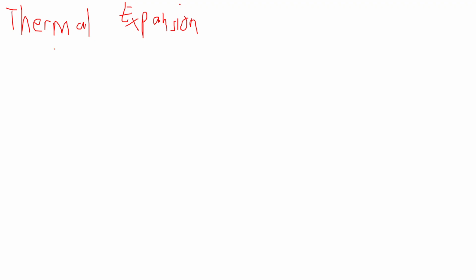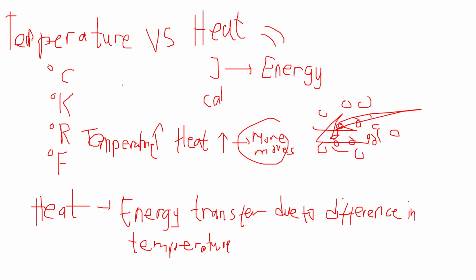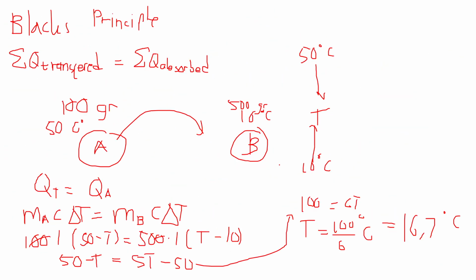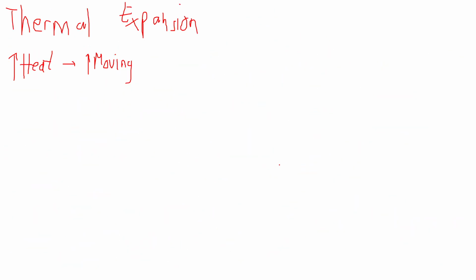Well, basically, remember when I said bigger heat equals bigger moving? Like the molecules are moving faster and faster? Bigger heat equals bigger moves. Well, yeah, bigger moves would mean that it would expand.